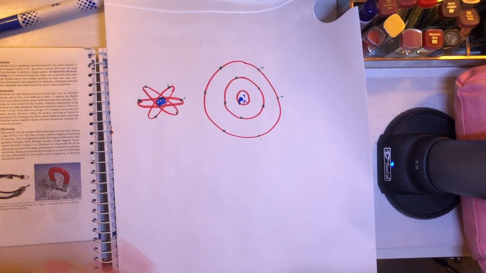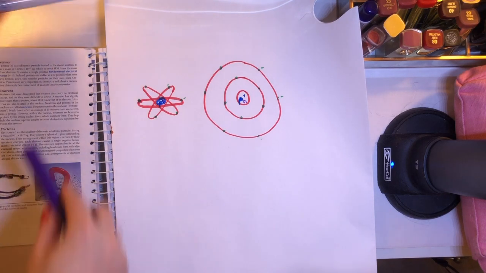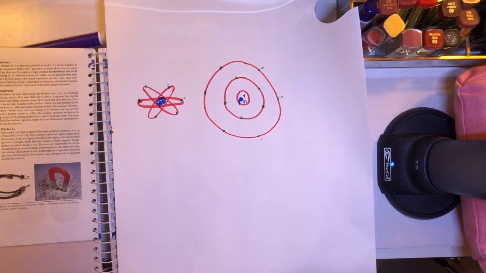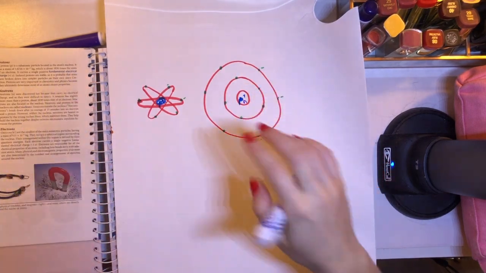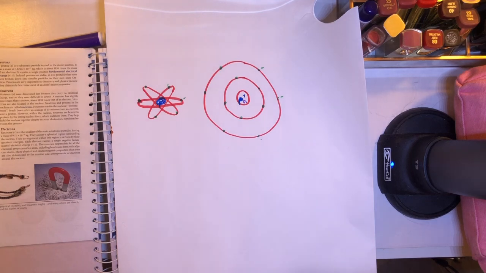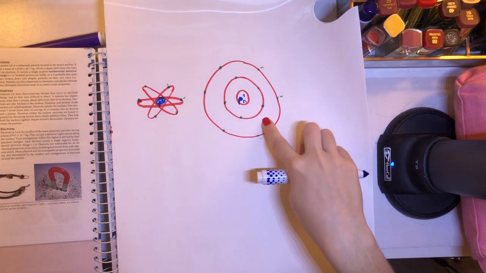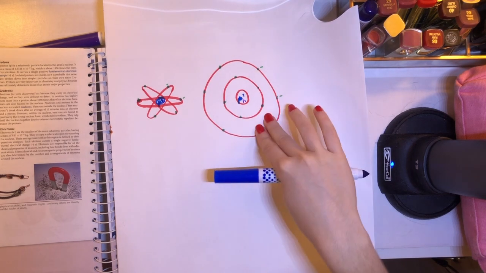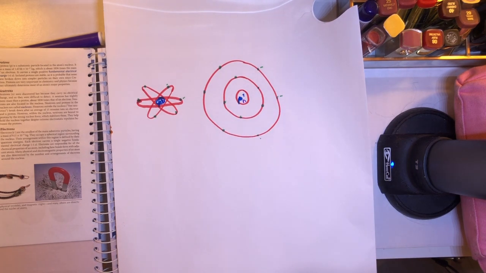So let's start off by talking about protons. I use my purple marker here. I drew two little drawings of an atom. You've probably seen an atom drawn like this in a cartoon or something. This might look more familiar from recently. This is basically the Bohr model of an atom.